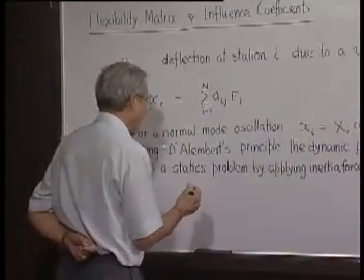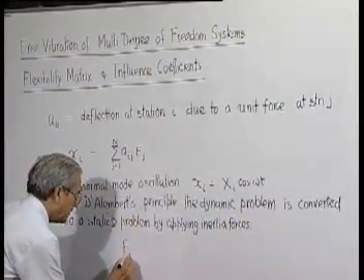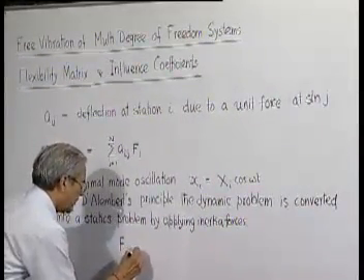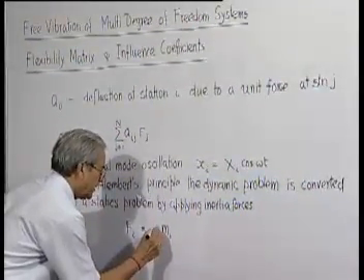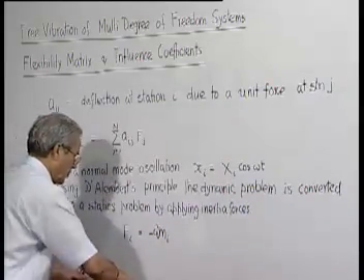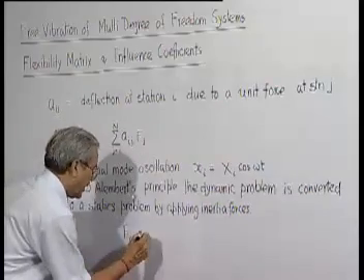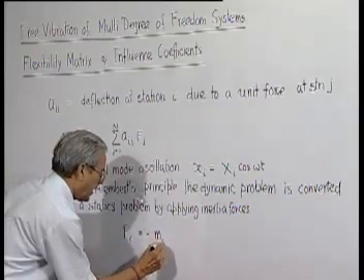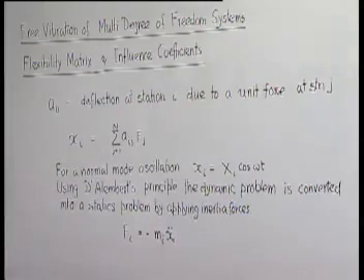At the ith station, the inertia force will be minus Mi into Xi double dot.